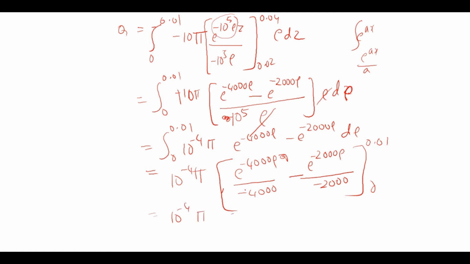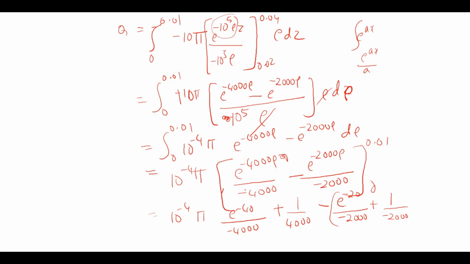If I apply 0.01, it will become e to the power minus 40 divided by minus 4000, minus the lower limit, which is 0, so plus it becomes 1 by 4000, minus e to the power minus 20 divided by minus 2000, plus e to the power 0, that is 1, divided by minus 2000.